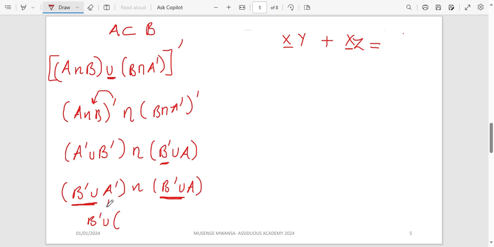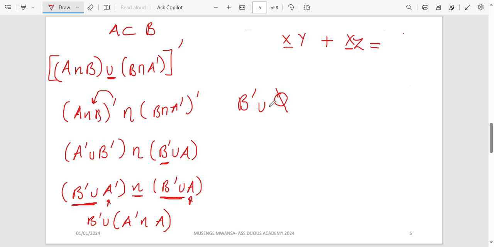What I'll remain with here is A complement, and then the sign in the middle, which is the intersection, and then here I'll remain with A. If you want, you can distribute and go back to the top. So this again gives us B complement union. Now, what is A complement intersection A? It's an empty set. Very good.